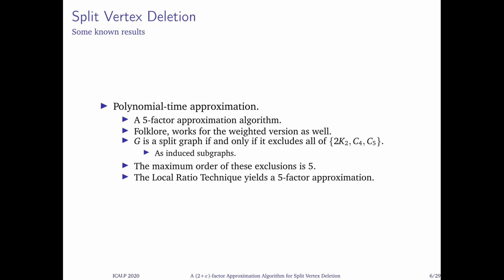This works because it is known that a graph G is a split graph if and only if it excludes three particular graphs as induced subgraphs. Since the number of vertices in the largest such graph is 5, one can apply the local ratio technique to get a 5-factor approximation algorithm even for the weighted version in polynomial time.